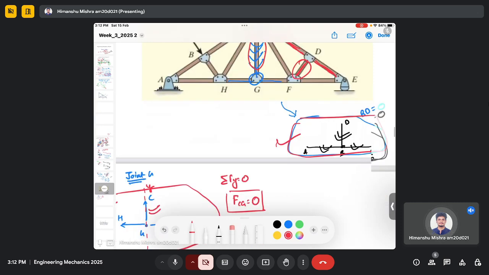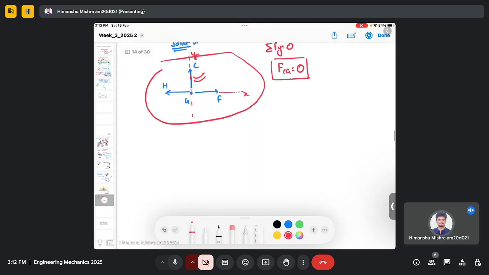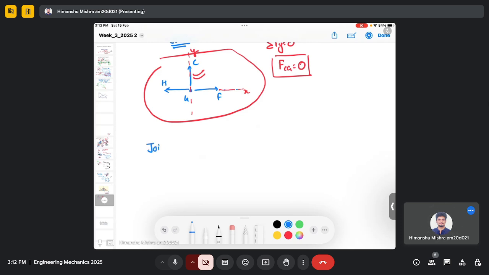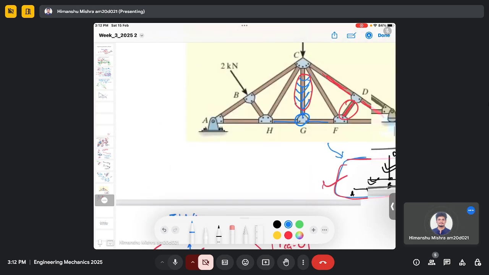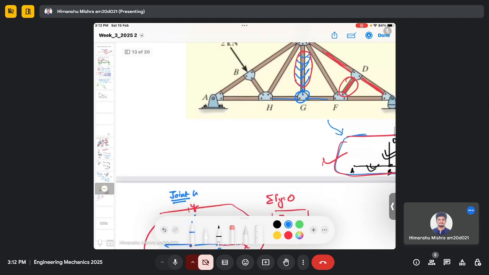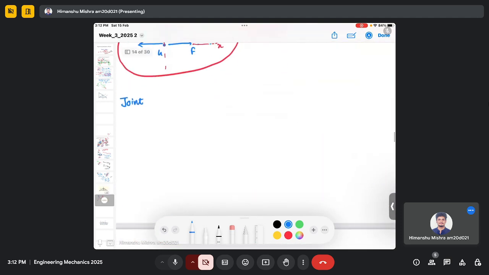And again we can use the equilibrium equation to find out the same thing. So we consider joint D. We make a free body diagram.